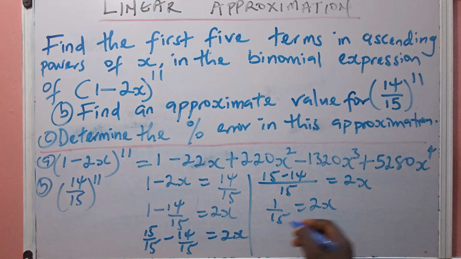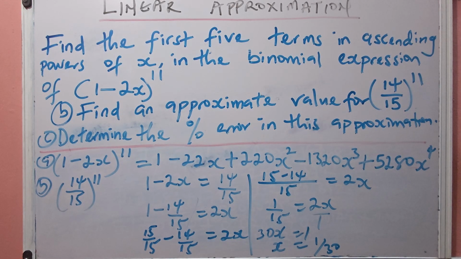So if I'm cross multiplying, of course, this will be 30x equals 1, because 15 times 2x is 30x, 1 times 1, then I can have my x here equals 1 over 30. All right.